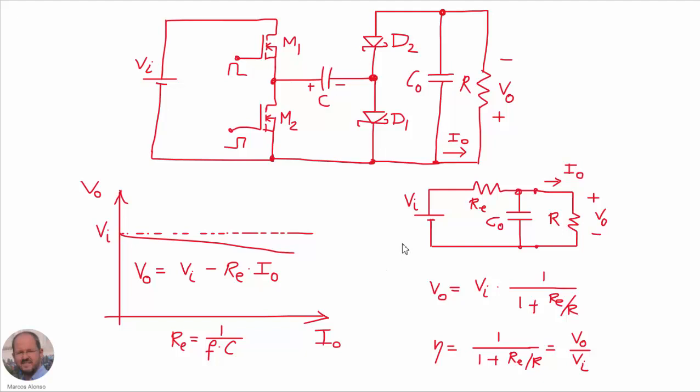The equivalent circuit, the average circuit of this converter is given by this drawing here, and then we can obtain the output voltage like this, and also the efficiency of our converter, which is given by this expression, which at the end is the ratio between the output voltage and the input voltage.